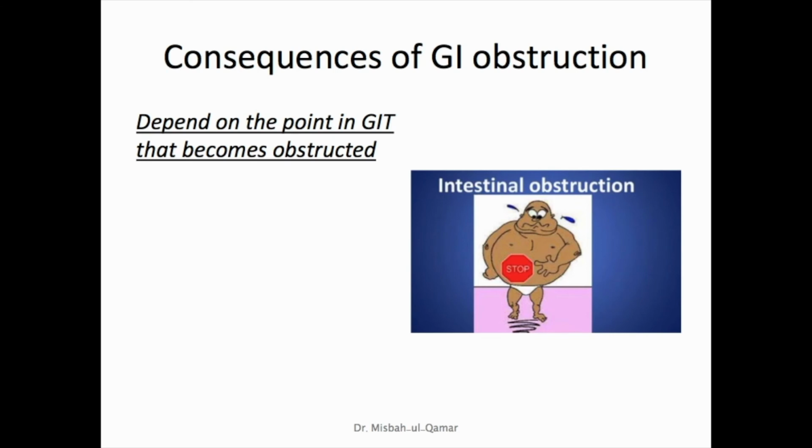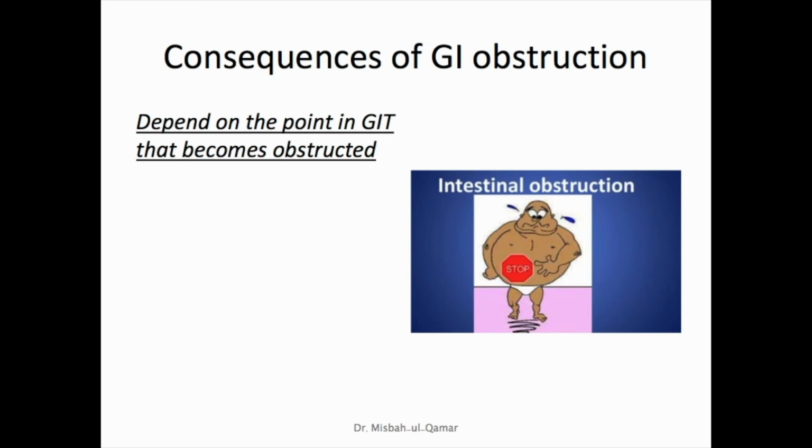Now, let's say the obstruction is beyond stomach. In this case, antiperistaltic reflux starts from small intestine and intestinal juices flow backwards into stomach. These juices are vomited along with gastric secretions. So there is a loss of water and electrolytes, which results in dehydration, but with little change in acid base balance.